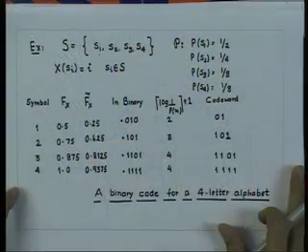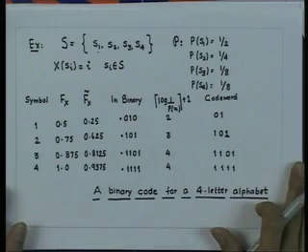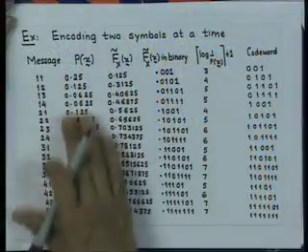So, let us repeat the example with messages consisting of two symbols. Now, it is important to note that we are only doing this to demonstrate a point. In practice, we would not code symbols this short using an arithmetic code. So, if we encode two symbols at a time, then the arithmetic code for that can be obtained as shown here.